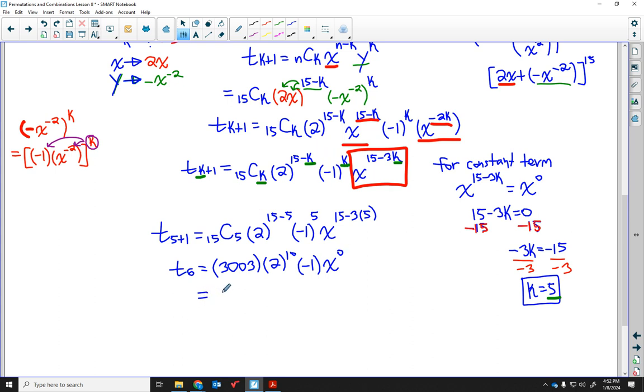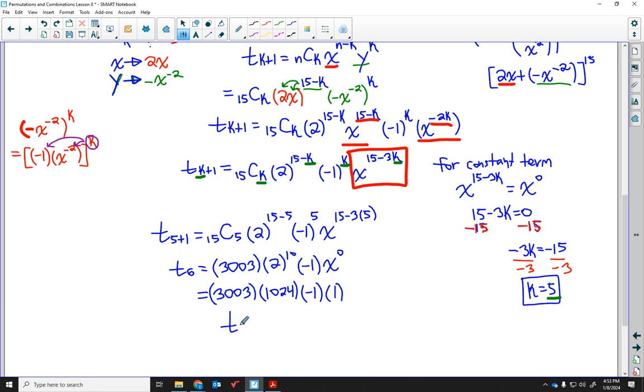So then term 6 would be 3003 multiplied by 2 to the power of 10, which is 1024. Don't forget that negative at the end, so negative 1. And then x to the power of 0 is just 1, so it's gone. Okay, and that's the key thing with this question. We need to identify that if it is the constant term, then the power on the x has to be equal to 0, and that's how we figured out what the value of k is.